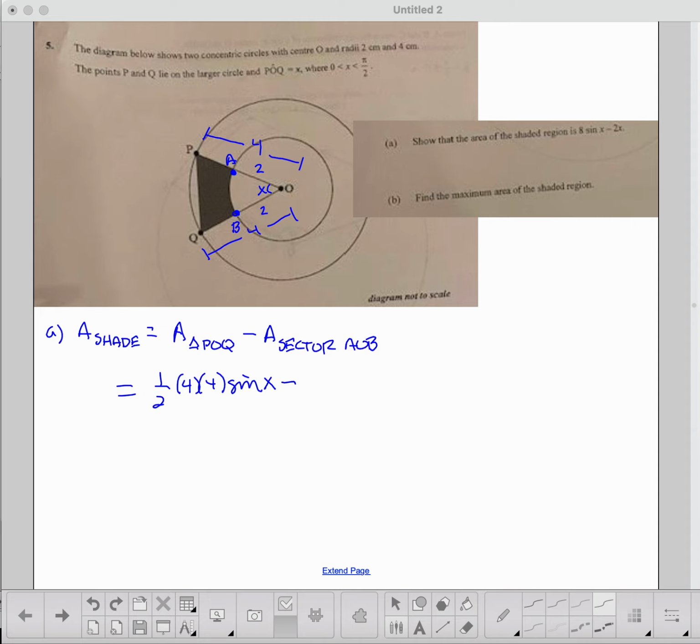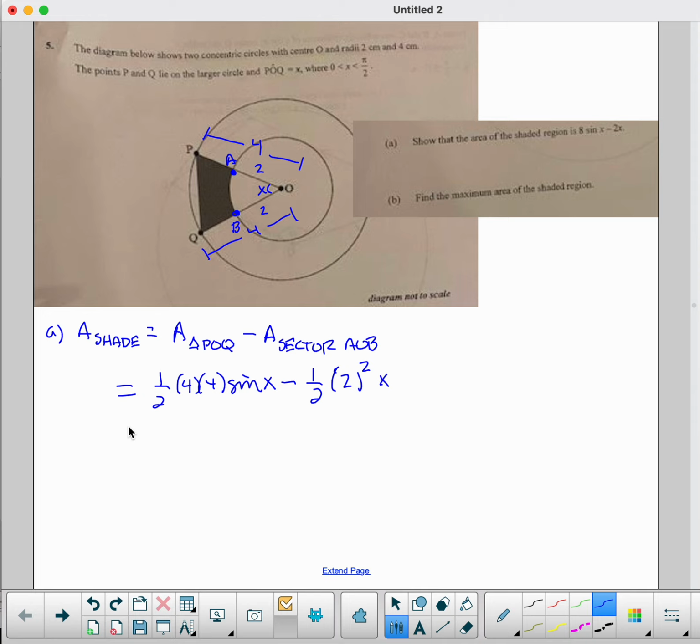The area of a sector is 1/2 r squared theta. Now the sector is the smaller circle, so that radius is 2. So 1/2 r squared would be 1/2 times 2 squared times the angle x.